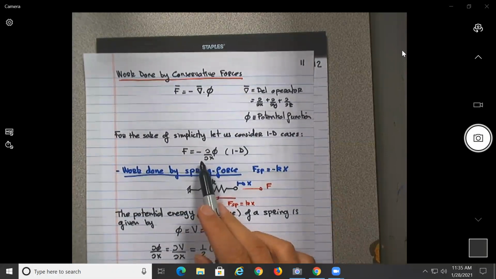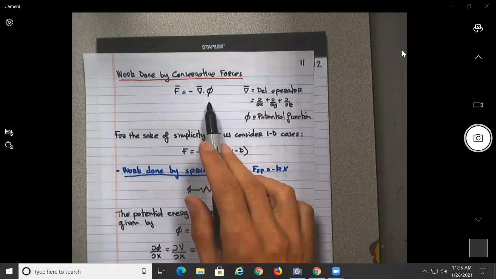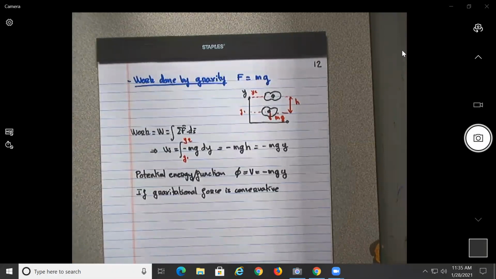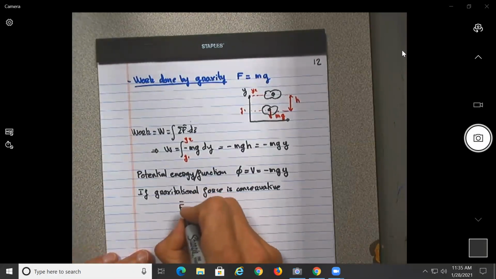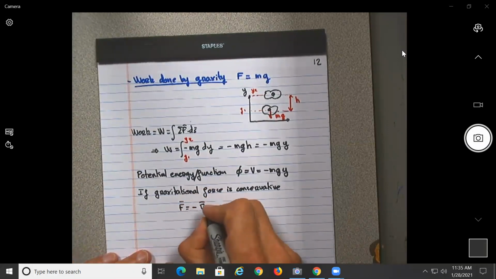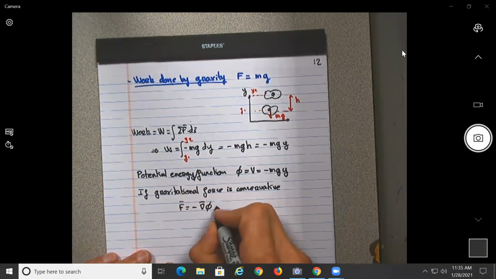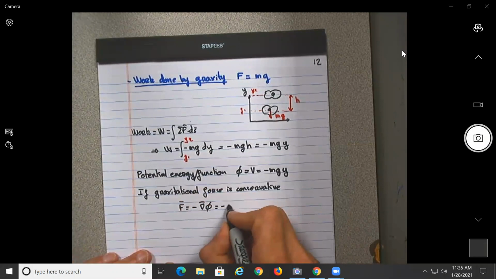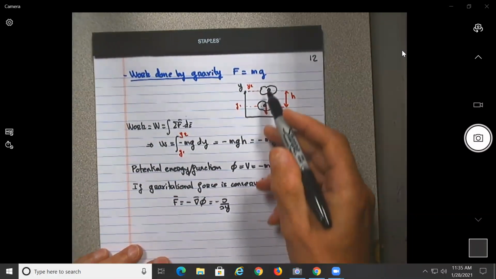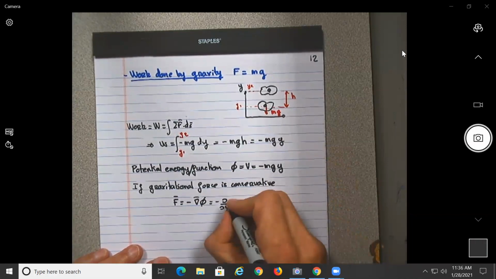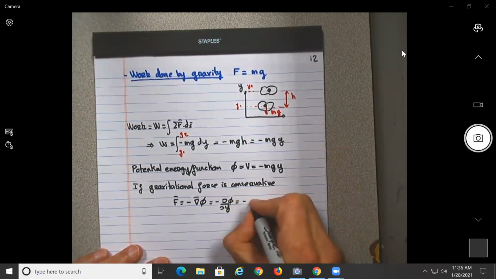You need to satisfy the conservative equation, no? Which in this case will be F equal to minus del of phi of V. In this case, what is the variable? It's moving on the Y, 1D. We can put here phi of V.